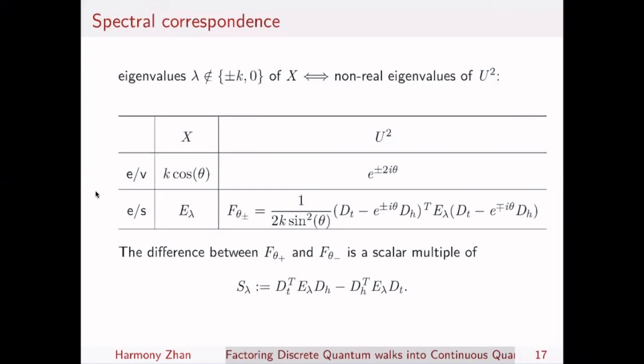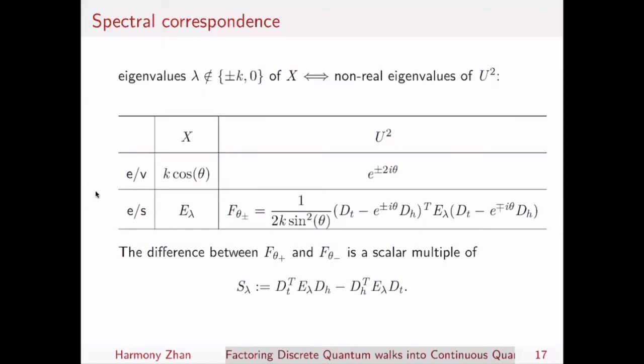Two comments about this S lambda. First, it's real because ET is real, DH is real, and the eigenprojection for my underlying graph is also real. And the other comment is S lambda is skew-symmetric because we have some matrix subtracted by its own transpose.